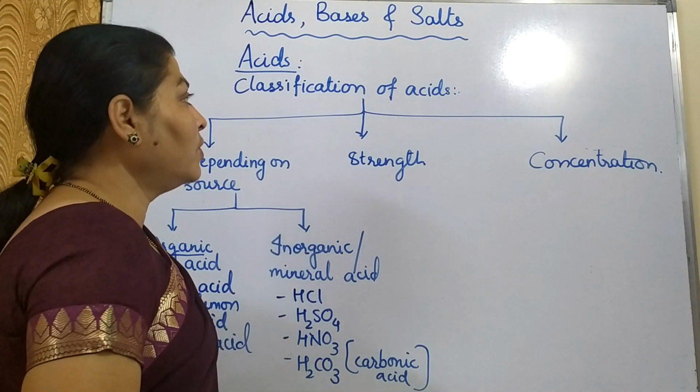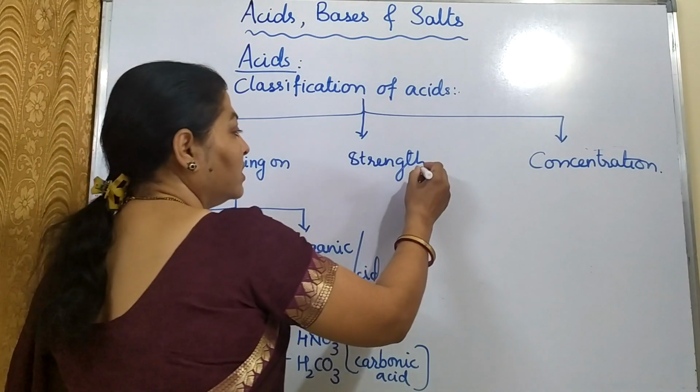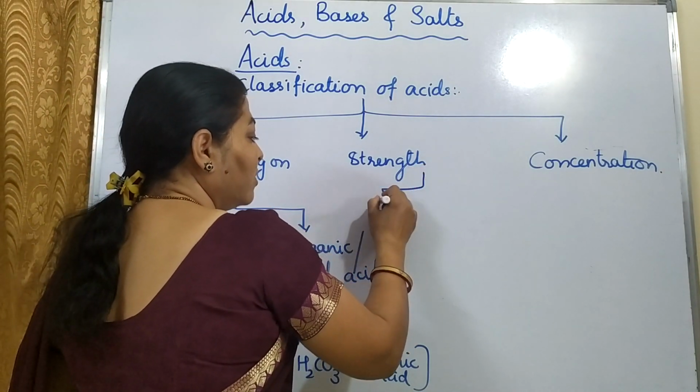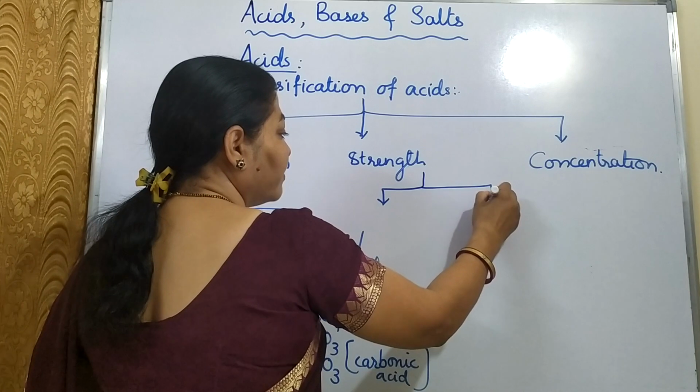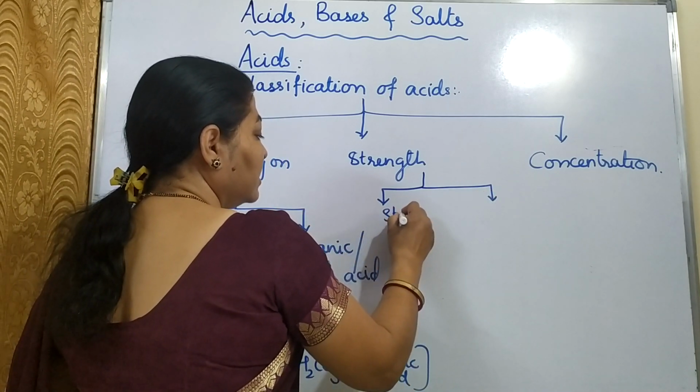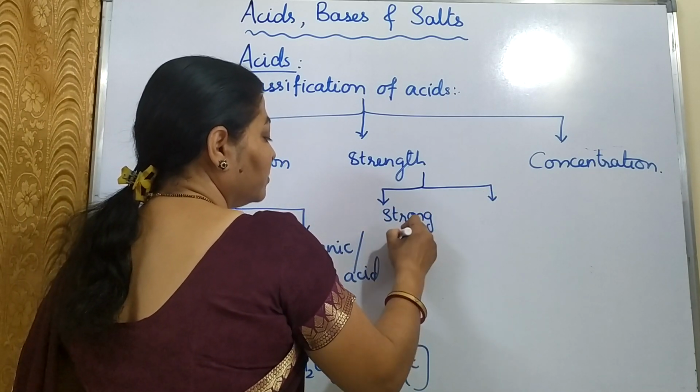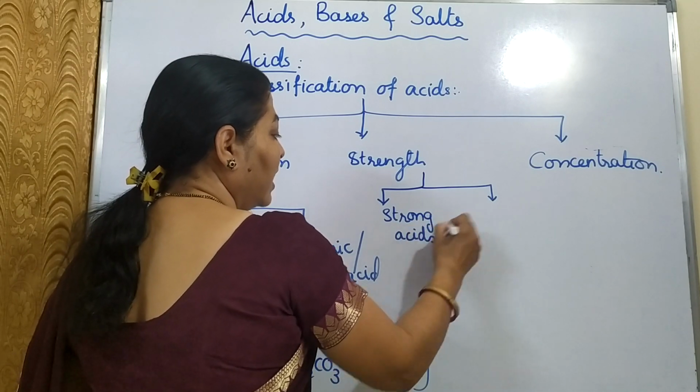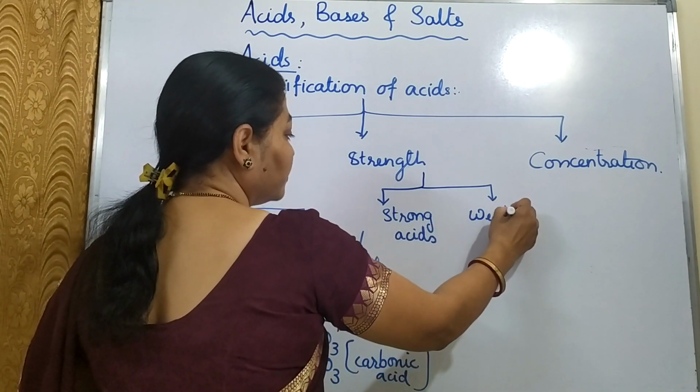The second mode of classification is depending on the strength. So depending on the strength, again there are two types of acids, strong acids and weak acids.